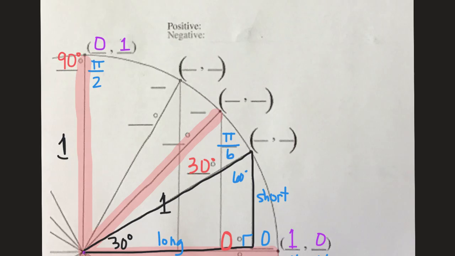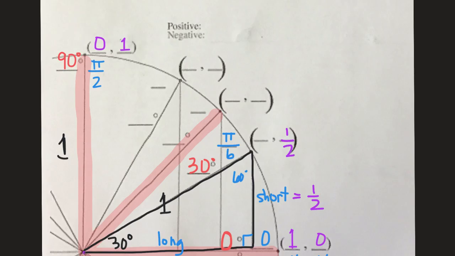So let's do some figuring out. Remember that the hypotenuse is always twice as long as the short leg. So if my hypotenuse is 1, what does that make the length of my short leg? It makes it 1/2. So we're going to write these all as fractions.